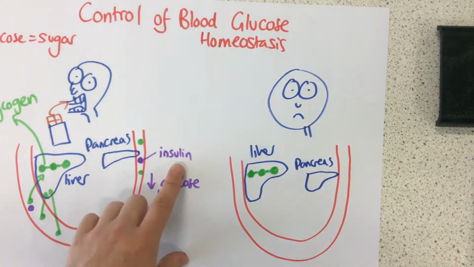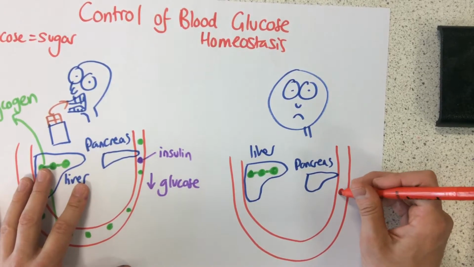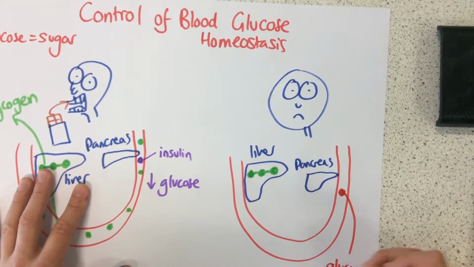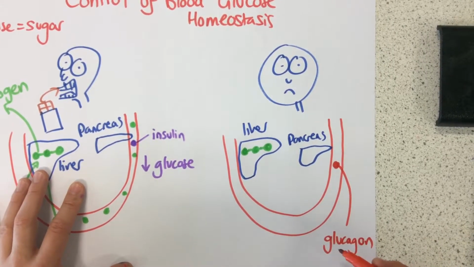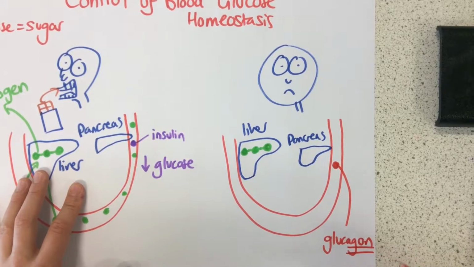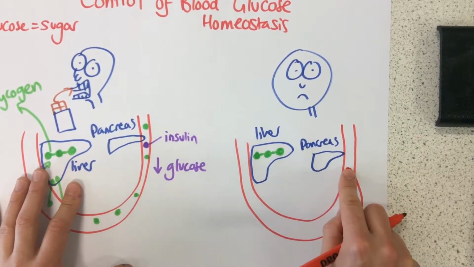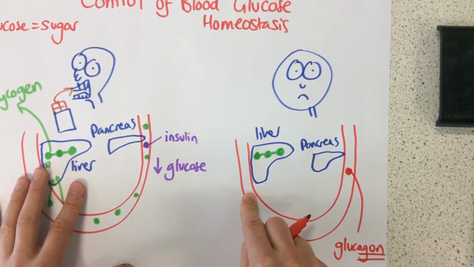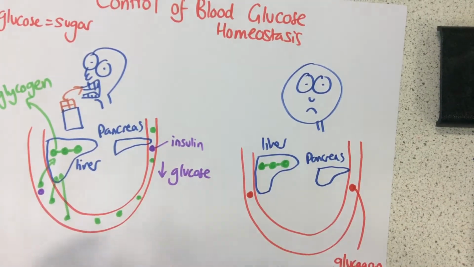So this time, instead of releasing insulin, the pancreas releases something else. It releases a hormone called glucagon. Now the way of remembering glucagon is this gets released when all the glucose is gone. Glucagon, because it's a hormone, is a chemical messenger that travels in the blood until it gets to the liver.